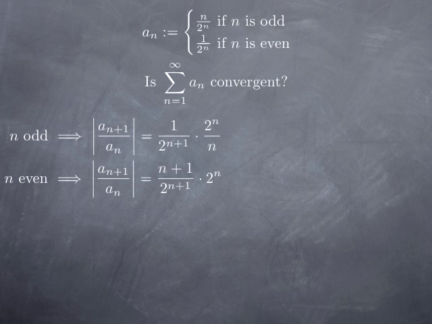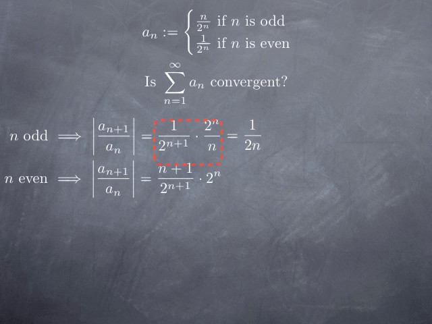So that means that if we look at the limit as n goes to infinity, when n is odd, here 2 to the n over 2 to the n plus 1 is really just 1/2, and we multiply that by 1 over n, so we end up with 1 over 2n for the expression when n is odd.